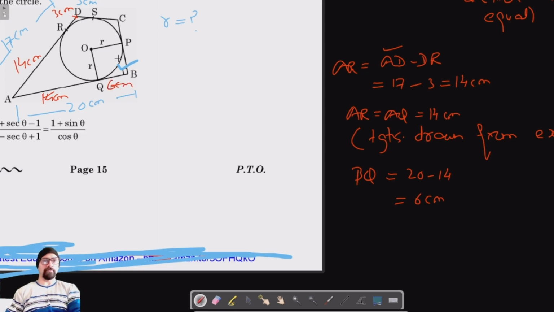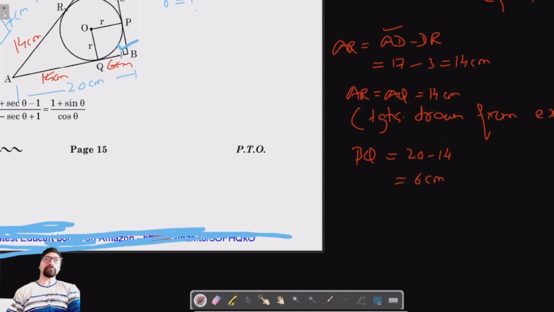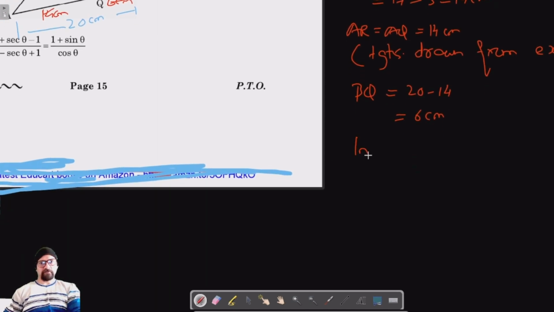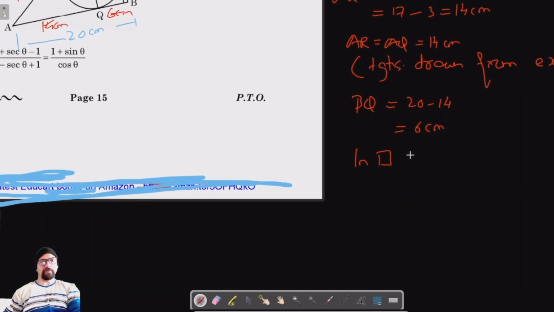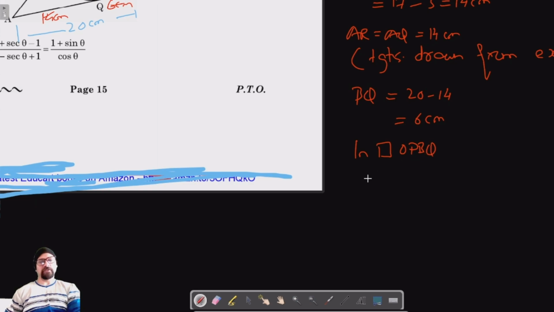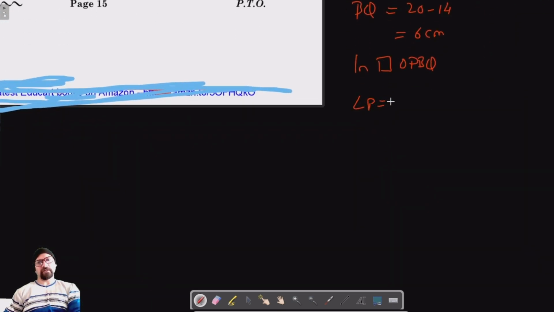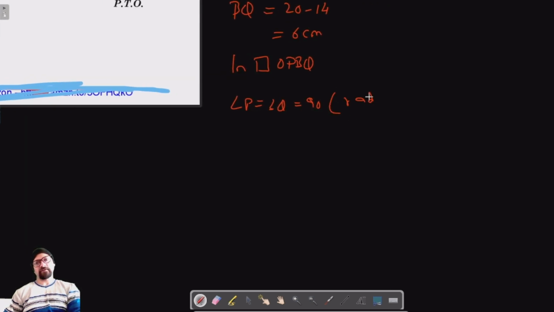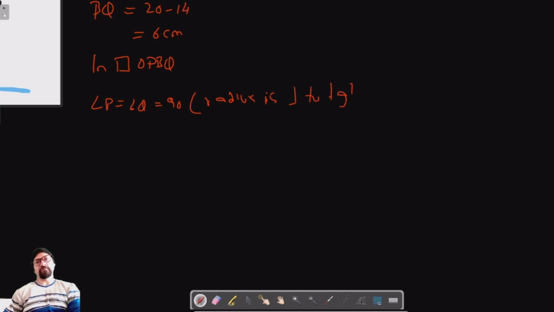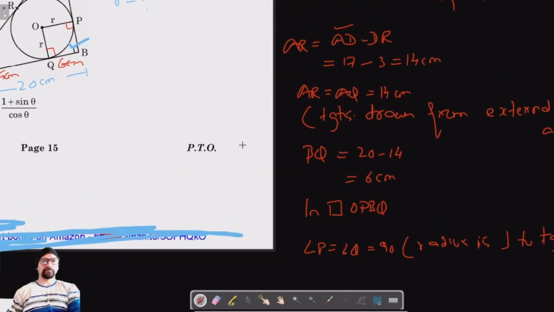Now BQ is equal to BP. In quadrilateral OPBQ, angle P is equal to angle Q, and these are all 90 degrees, as the radius is perpendicular to the tangent at the point of contact.